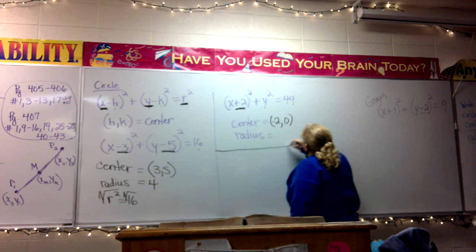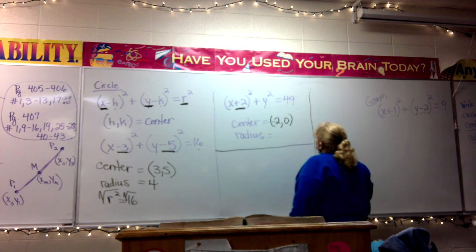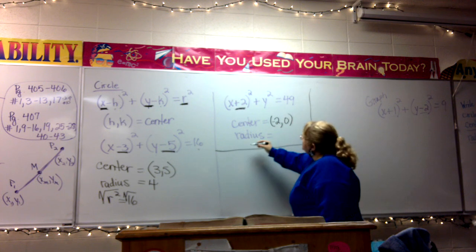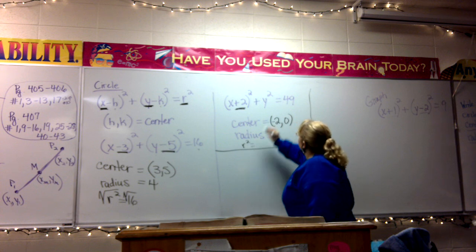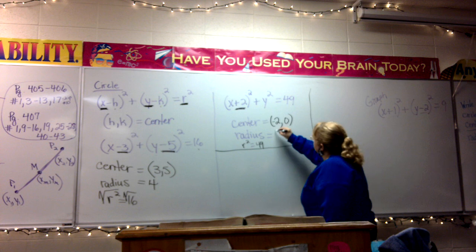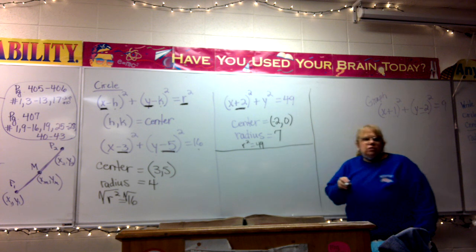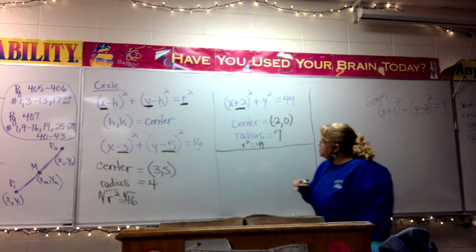And for the radius, if r squared is equal to 49, what's the radius? 7. Not a whole lot of work to show for that, right?